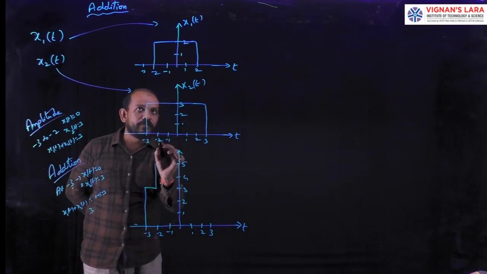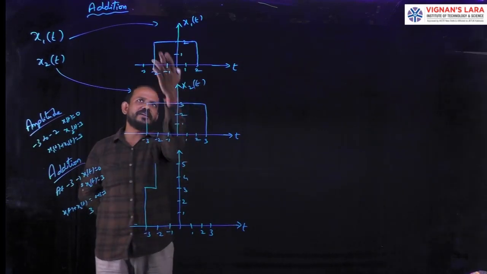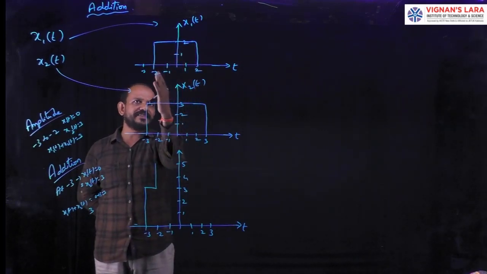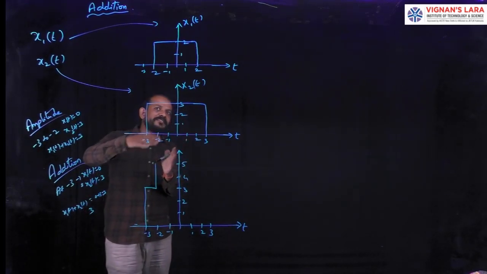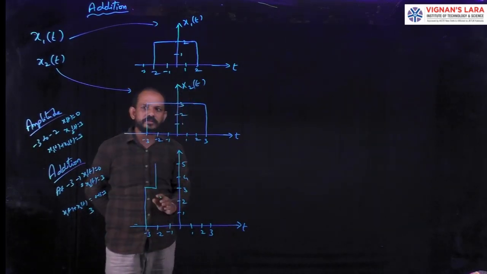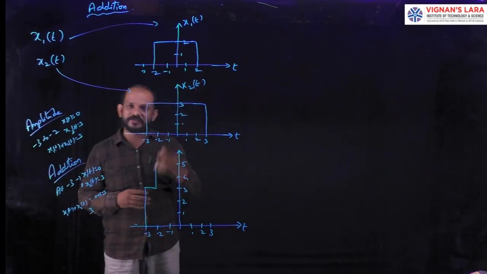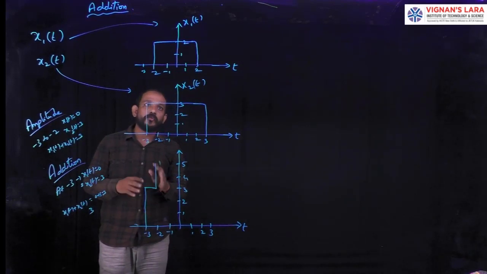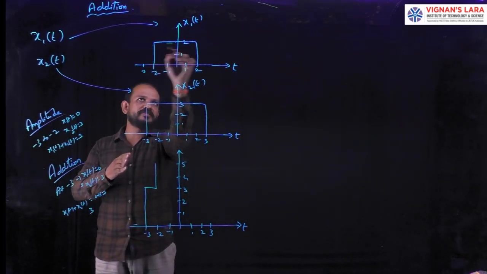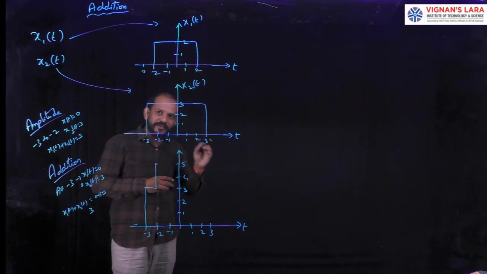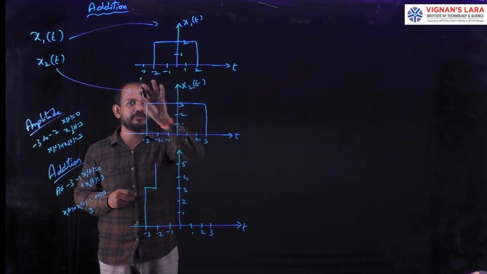Okay, from minus 2 to plus 2, here it is a constant. If there are variations in this time, I have to consider them. But for my example, from minus 2 to plus 2, there are no variations, because the amplitude is the same.